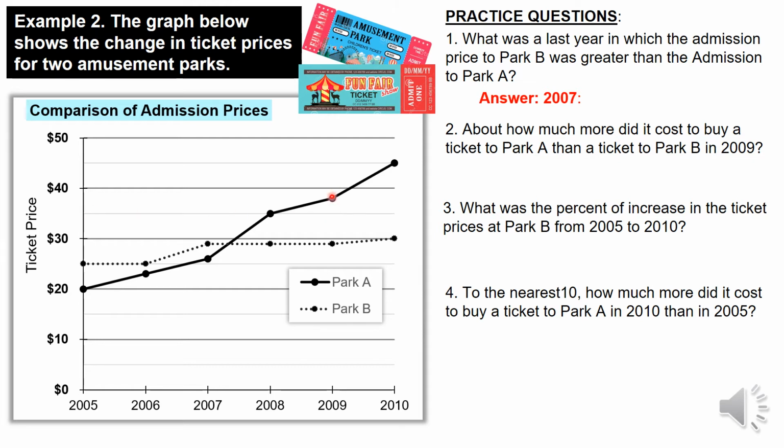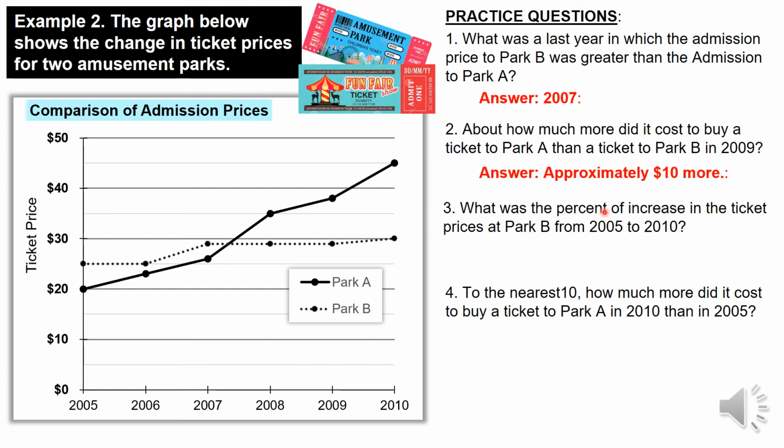Between 35 and 40, we have around 38 or 39. Let us say 38. So here between 20 and 30 is 25, but since this is closer to 30, we can say 29. So we have 38 minus 29, which is around $9, but we can estimate, so approximately $10 more.